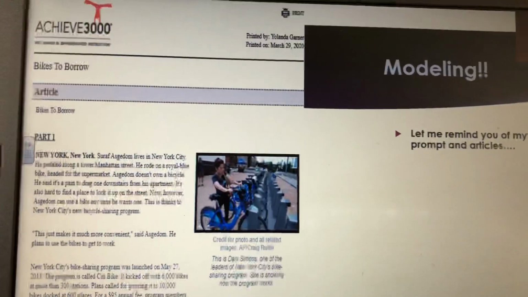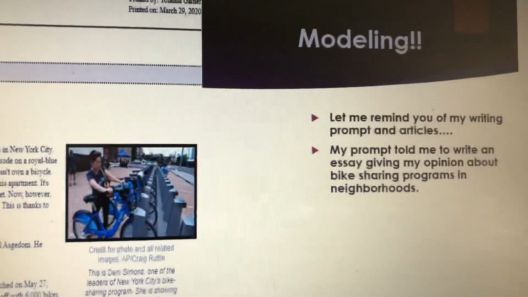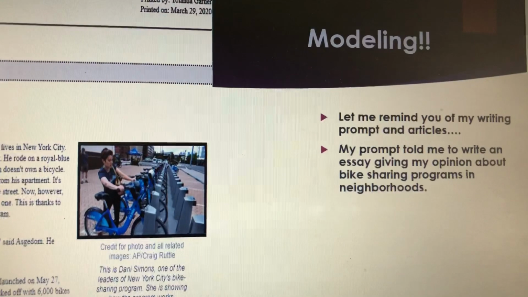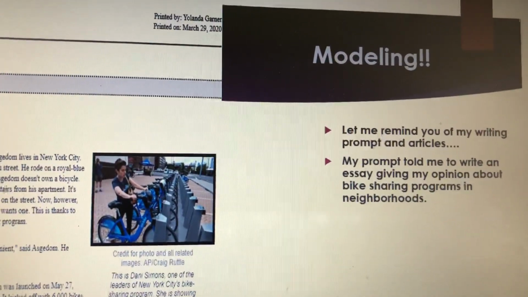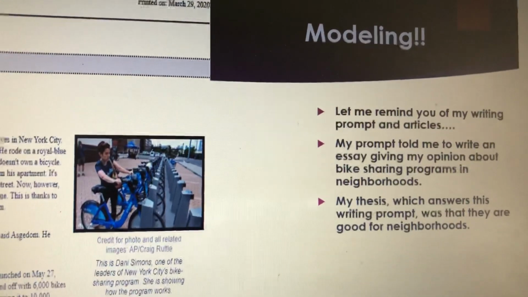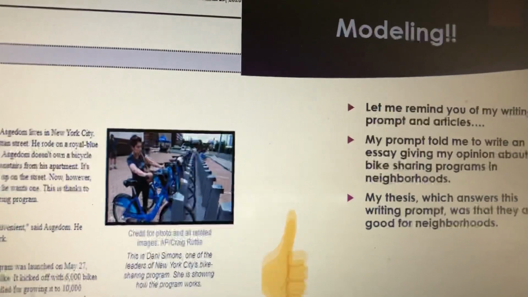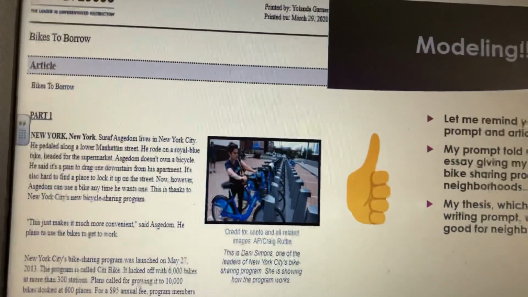In order for you guys to do it, I always have to provide you with some sort of example to give you something to go by. So let me remind you of my writing prompt and my articles. My prompt told me to write an essay giving my opinion about bike sharing programs in neighborhoods. My thesis, which of course answers the writing prompt, was that they are indeed good for neighborhoods.